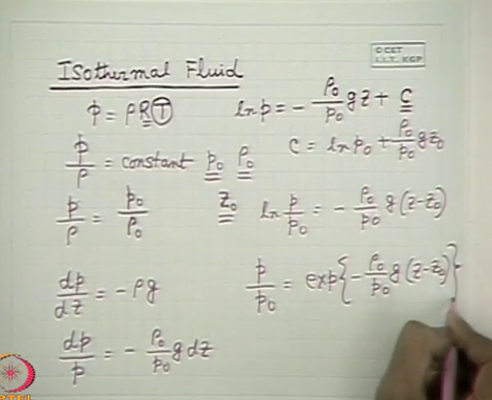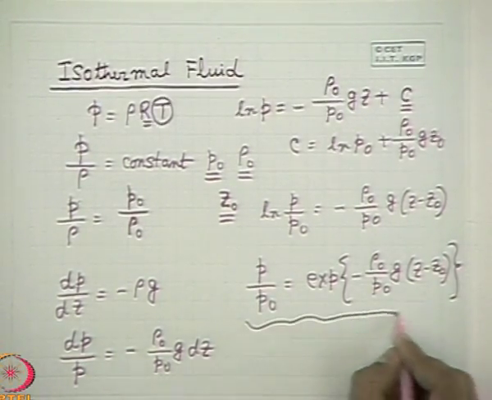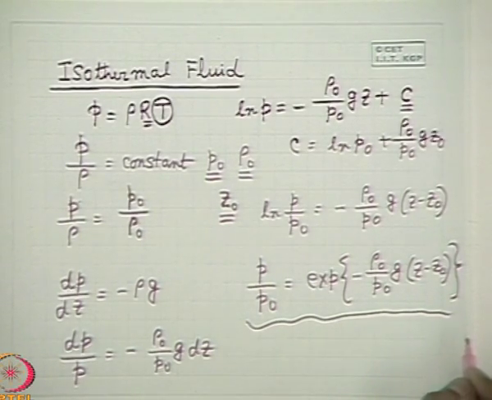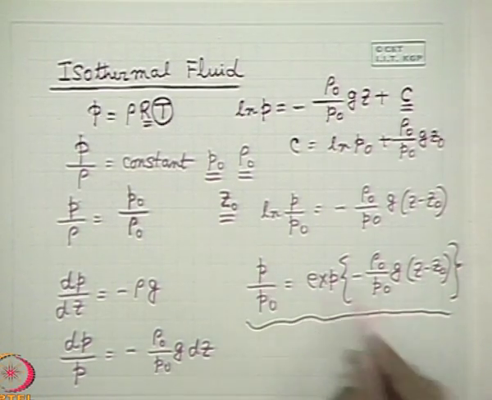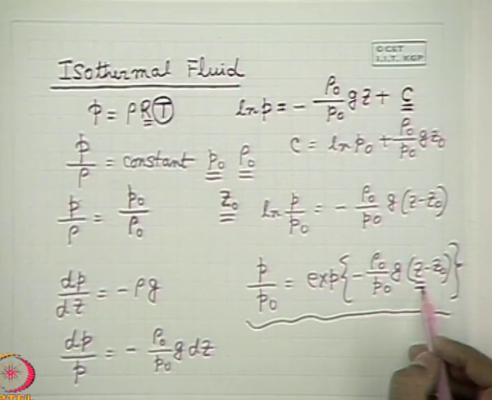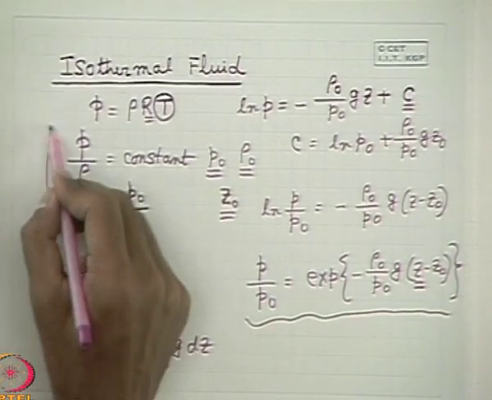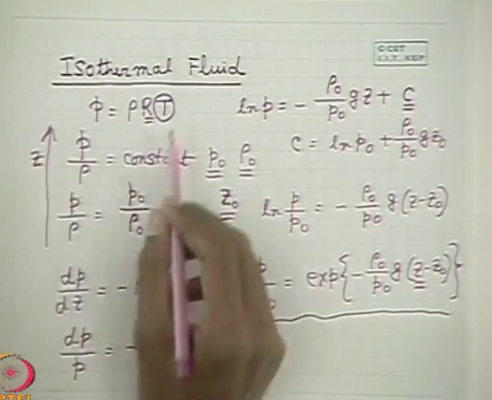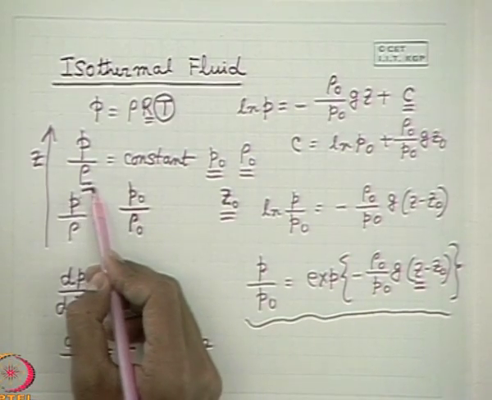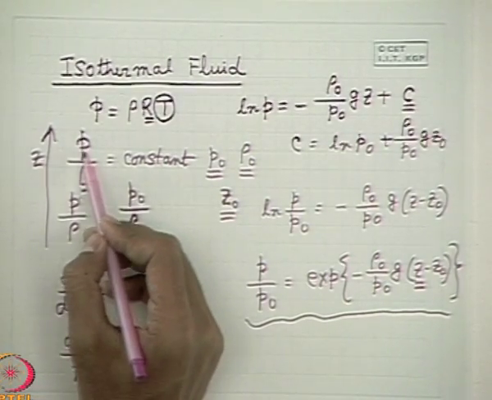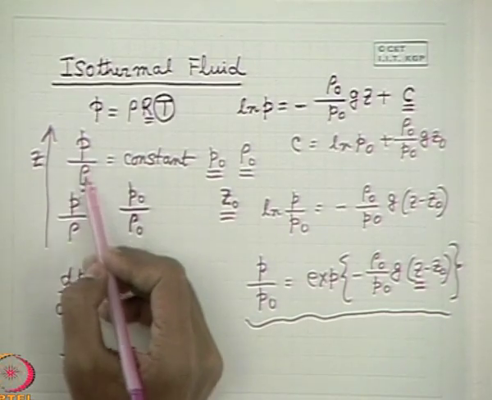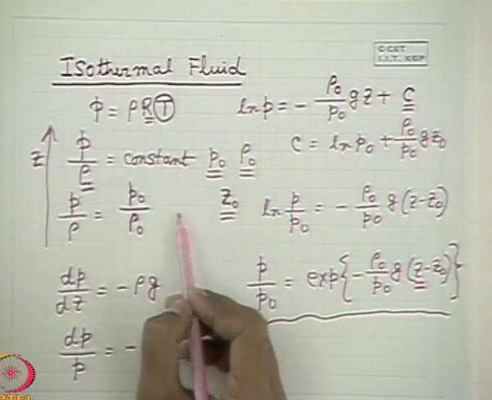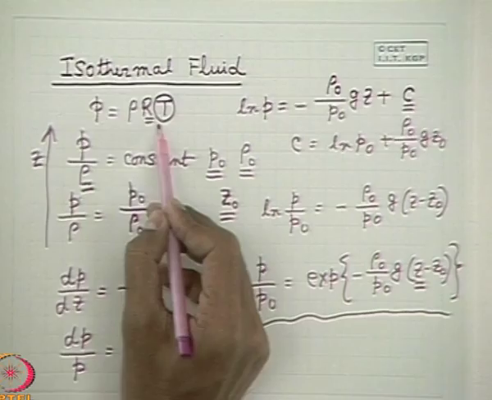So there is nothing fluid mechanics here, it is only a mathematical exercise through which we can find out the variation of pressure with the vertical height z in case of a compressible fluid, where density changes along with the change in pressure, or the other way, pressure changes because of the change in density, in a fashion that the temperature remains constant.